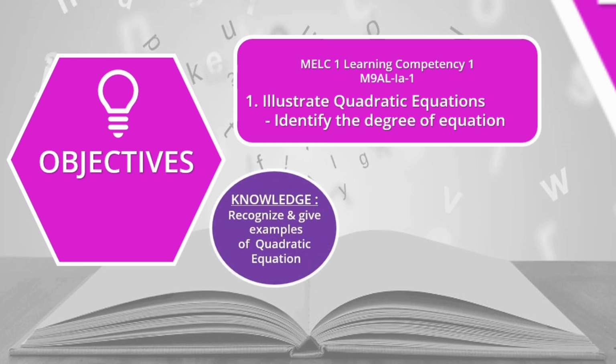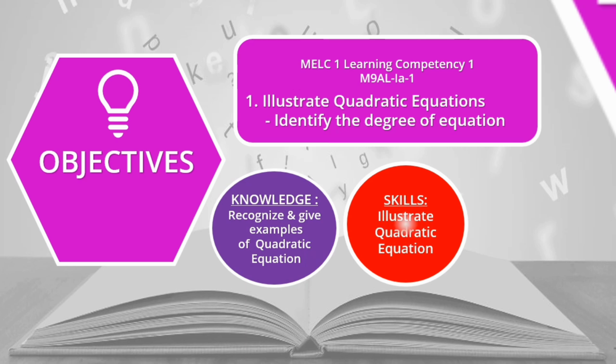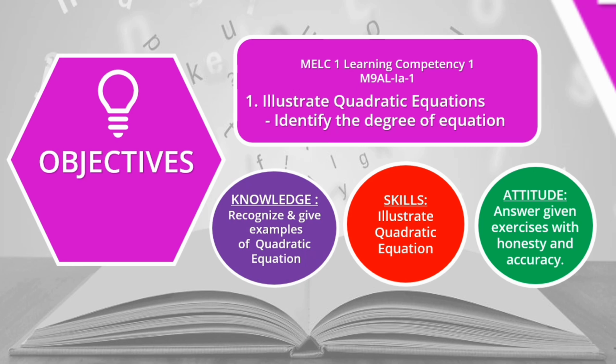For the knowledge, you will be able to recognize and give examples of a quadratic equation. For the skills, illustrate quadratic equation. And for the attitude or values, you will be answering given exercises with honesty and accuracy.